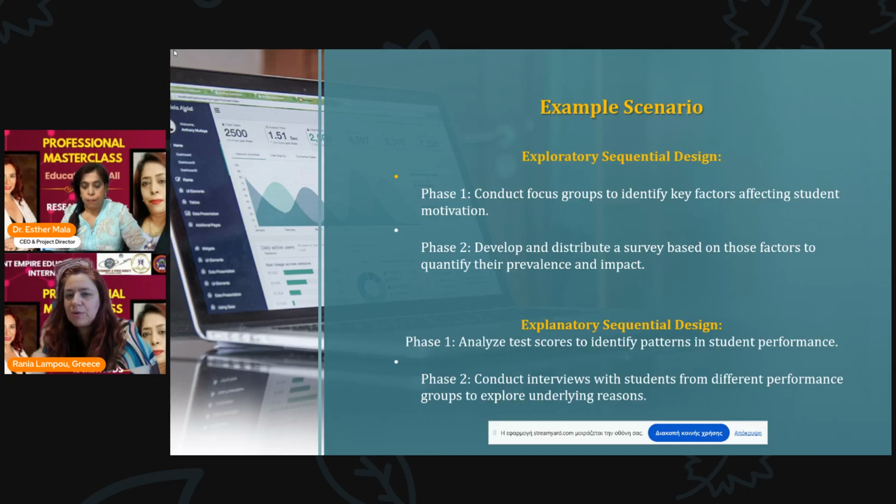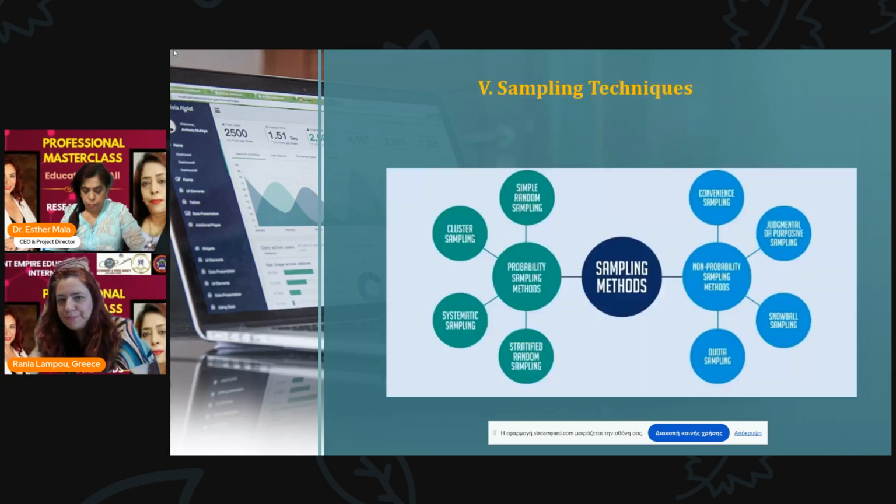This is exploratory sequential design. Now, explanatory sequential design. The first phase here is to analyze test scores to identify patterns in student performance, and then in the second phase, we conduct interviews with students from different performance groups to explore underlying reasons.